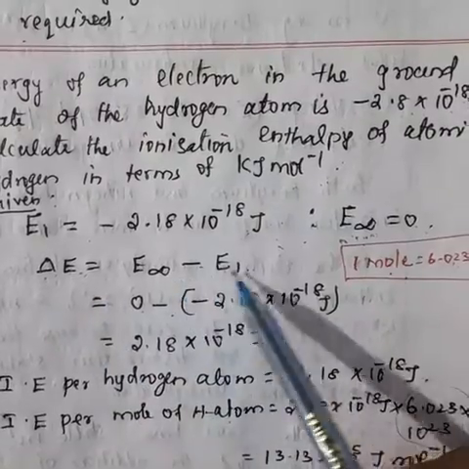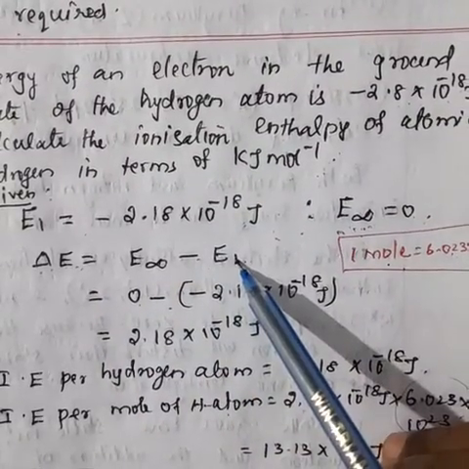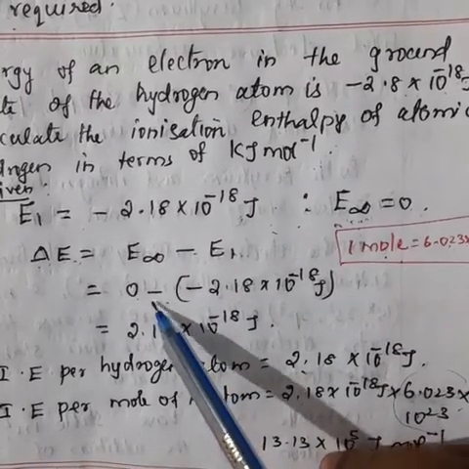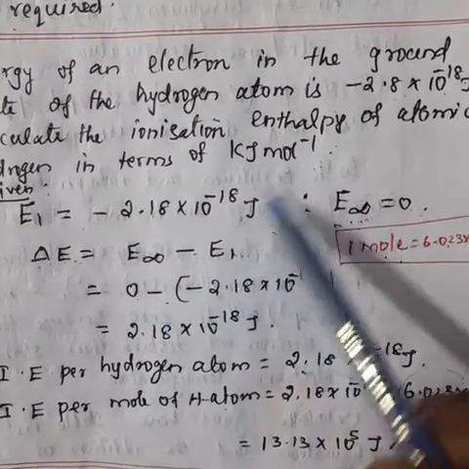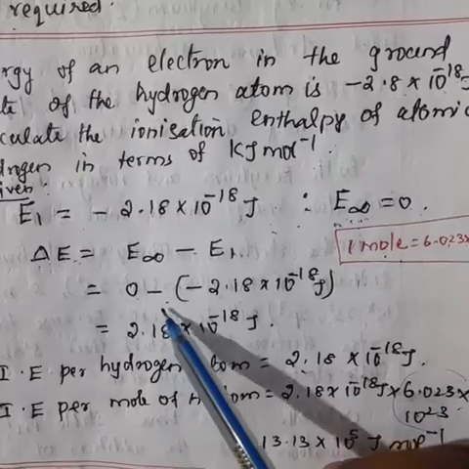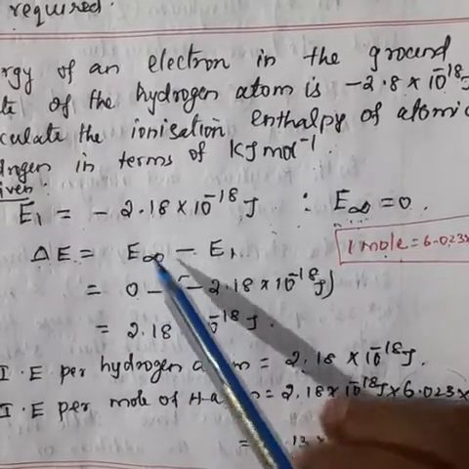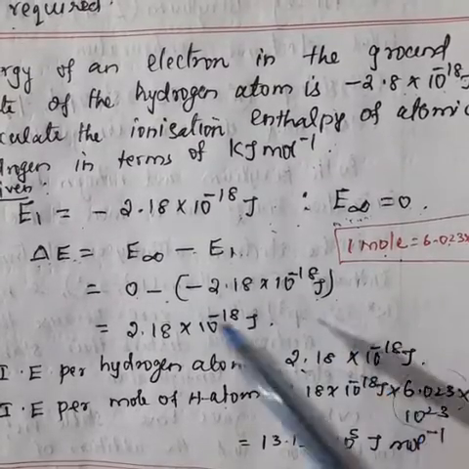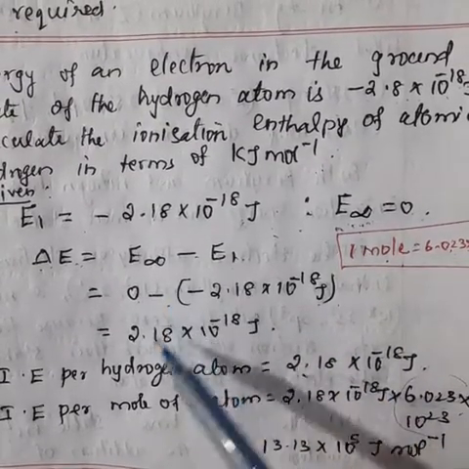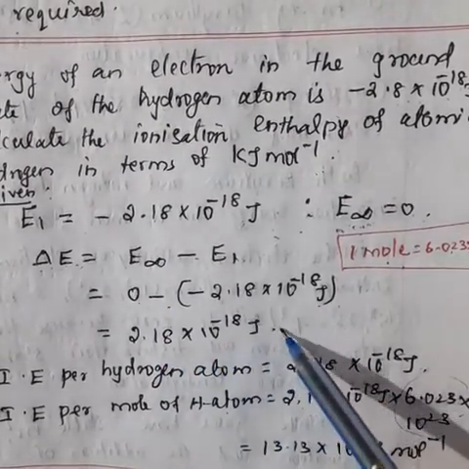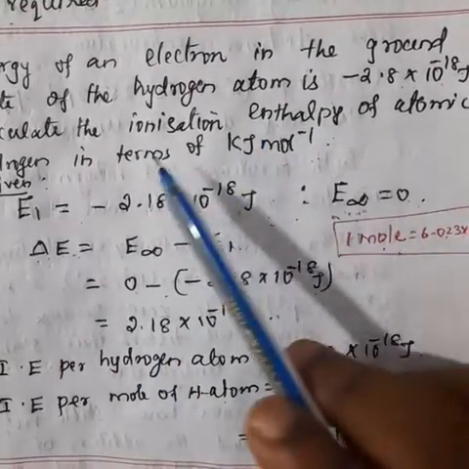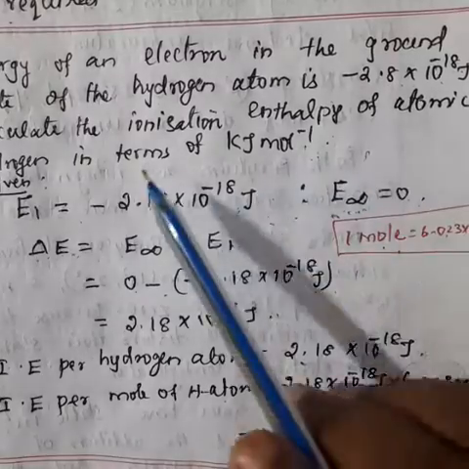E infinity here is 0, so 0 minus E1, which is minus 2.18 into 10 power minus 18 joule. Minus and minus cancel, so we get 2.18 into 10 power minus 18 joule. Our question is to calculate the ionization enthalpy of atomic hydrogen in terms of kilojoule per mole.